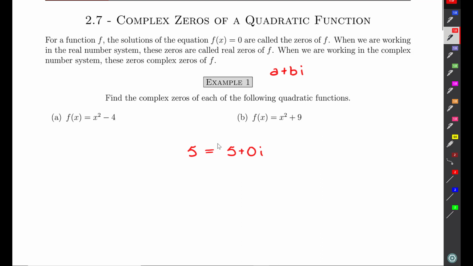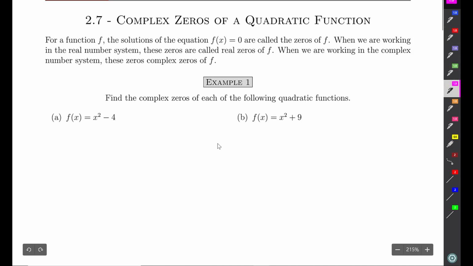So every real number can be expressed as a complex number, which leads us to the conclusion that the real number system is a subset of the complex number system. We are going to talk about that a lot more in detail later on in a different set of notes. For now, we're just looking at how to find these complex zeros.